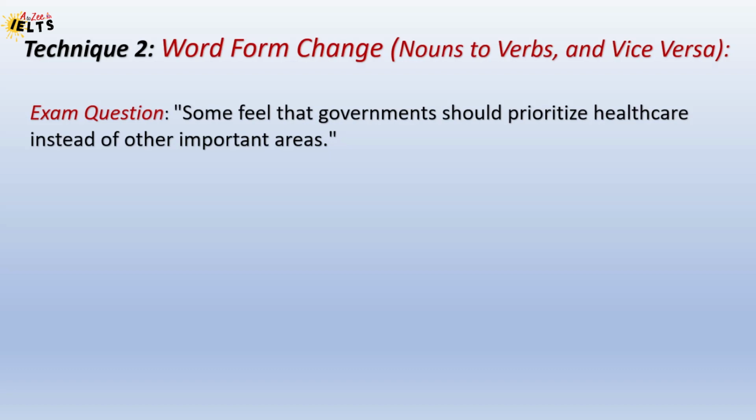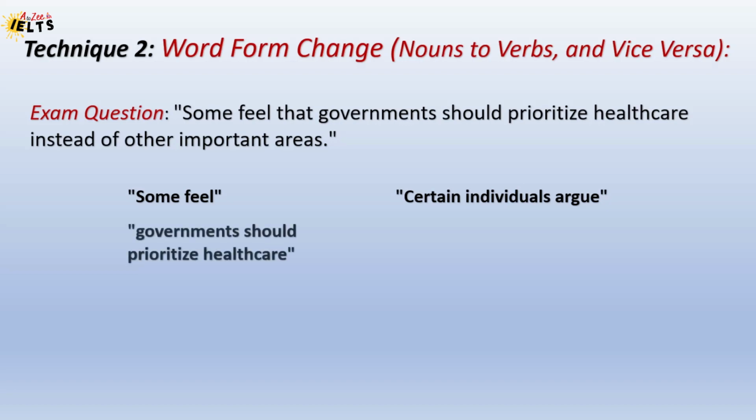By applying this technique, we can change some feel into certain individuals argue. We change the verb feel to argue to express the same idea using a different word. Feel is a verb, while argue is also a verb that conveys a stronger expression of opinion.